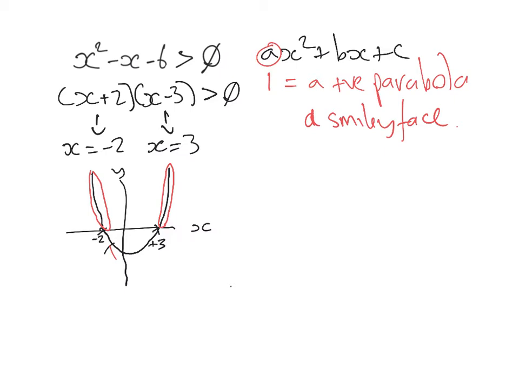And you should be able to see that the graph is true for when x values go that way from -2, and when they go to the right or to positive, from +3. So our solution to this quadratic inequality is x must be less than -2, x must be greater than +3. And that's our answer.